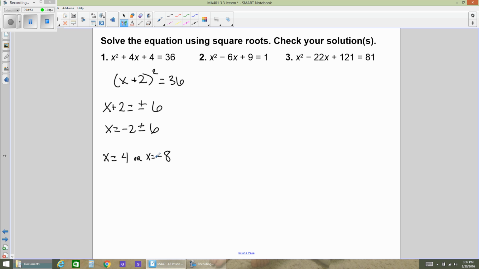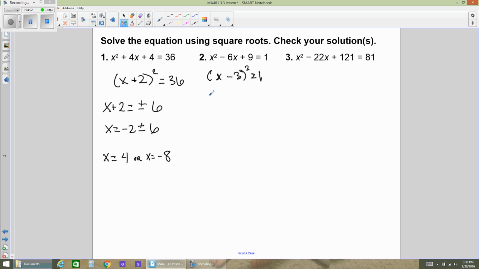Immediately you see that 9 and you say to yourself, hey, 9 comes from a 3. And 3 plus 3 for sure makes 6. But because it's a negative, you need a negative, because that 6 is a minus. You need the negative there. Okay, I forgot the square, didn't I? So I have the quantity of x minus 3 squared equals 1.